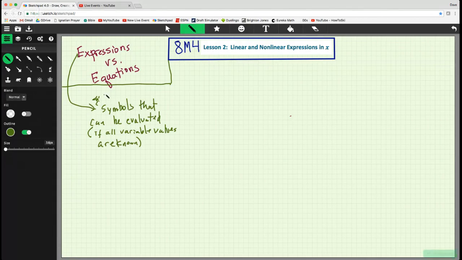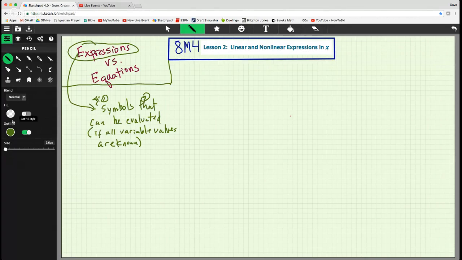So it's really just a set of symbols that can be evaluated if all variable values are known. Okay, so let's look at some examples of expressions. Again, these are expressions, not equations right now.